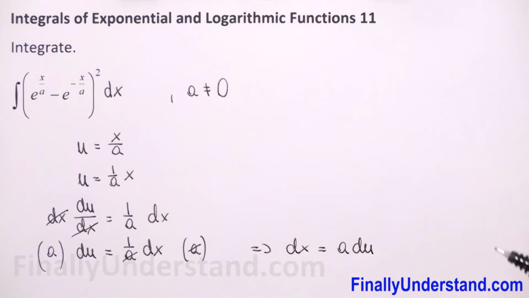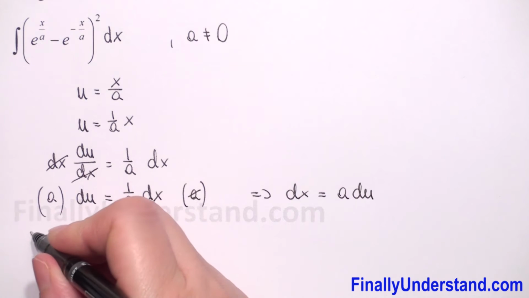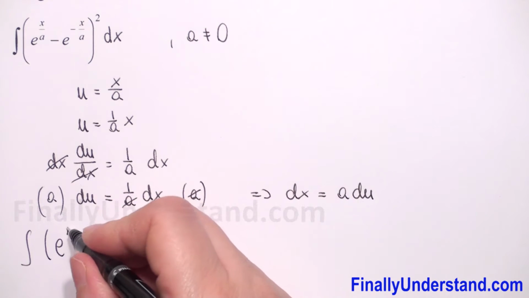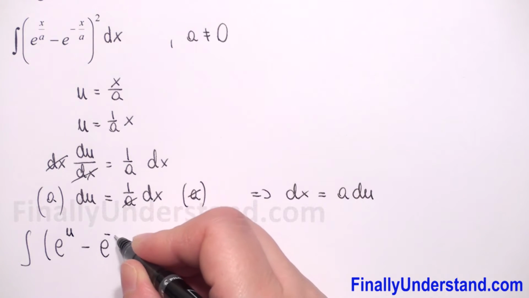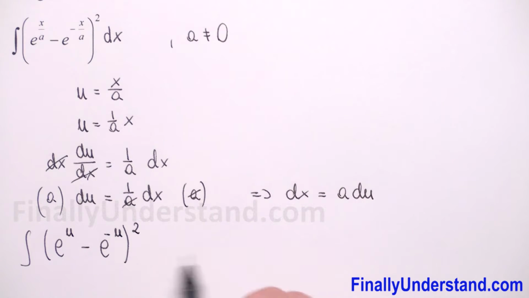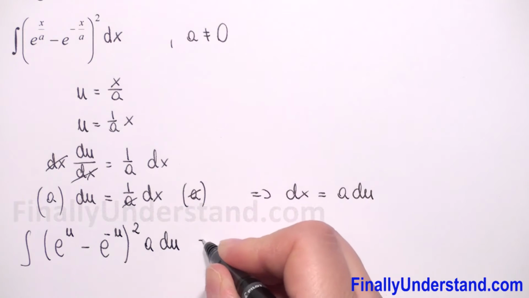a is a constant number. So now we can rewrite our indefinite integral to the form: e to the power u minus e to the power negative u, everything squared, and we now have a du.